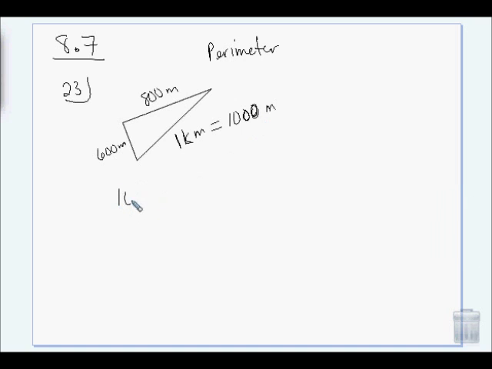And then, since it's perimeter, I just add up all the sides. So the perimeter is 2,400 meters, if you did it in meters. And then if you wanted to, you could put it in kilometers, and it would be 2.4 kilometers. Either way is acceptable, because they didn't say.